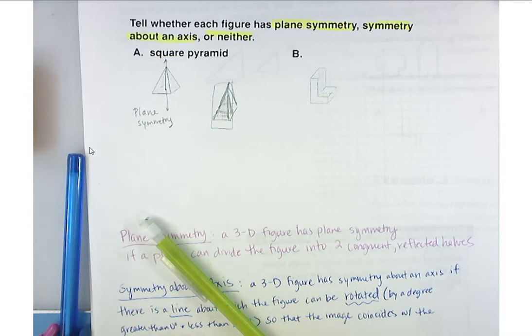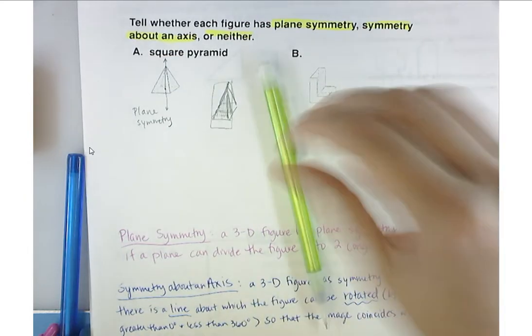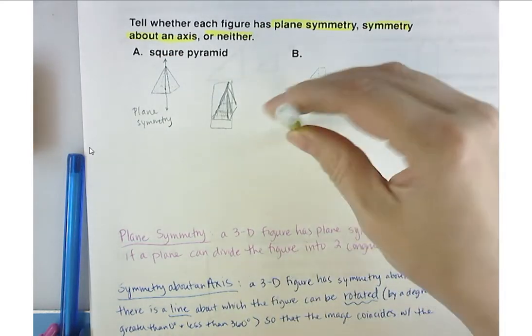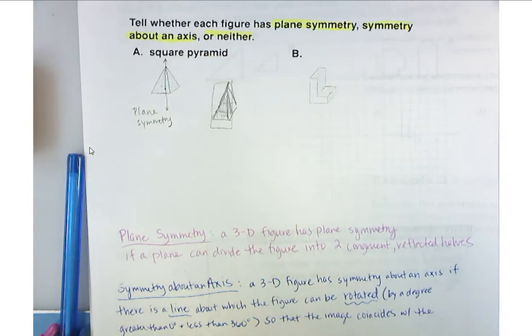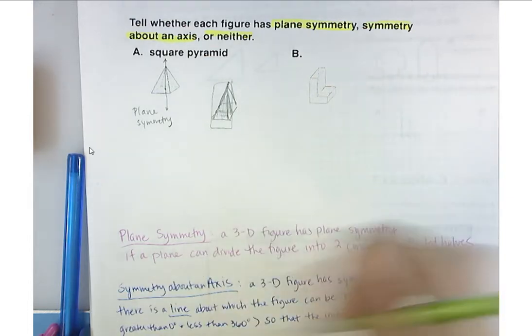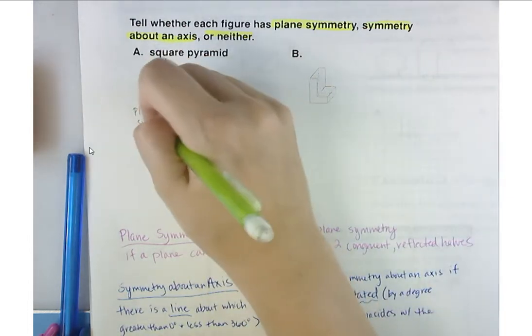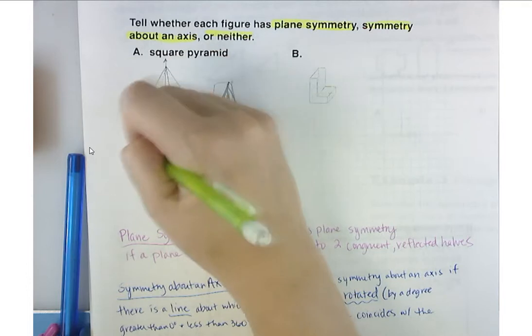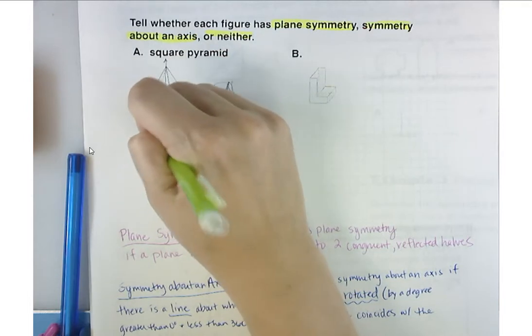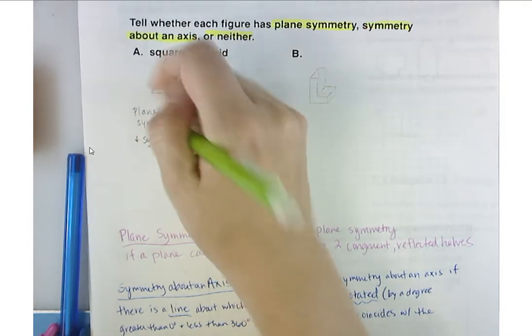So pretty much you want to imagine a pyramid just like on a pencil. If you were able to turn it and it would look the same, then you know it's going to have rotational symmetry, or symmetry about an axis. So the plane symmetry and the symmetry about the axis are going to occur for this one.